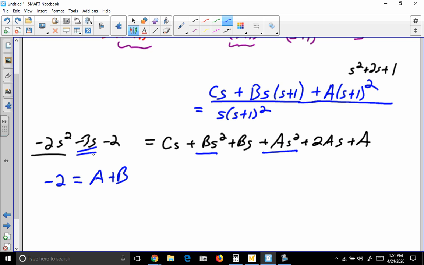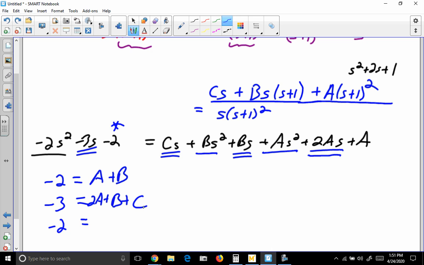On the left, we know we have -3s. On the right, we have cs, we have bs, and we have 2as. On the left side, we have a constant of -2.